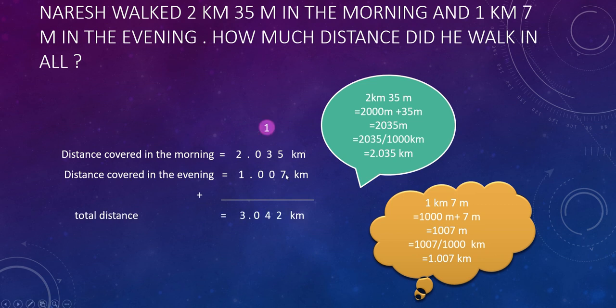Simple addition, you can see here 7 plus 5 is 12, 2 down, 1 on the next digit, 3 plus 1, 4, 0, 0, again I have 0, 2 plus 1 is 3. I hope you understood how to add the given numbers in decimals.